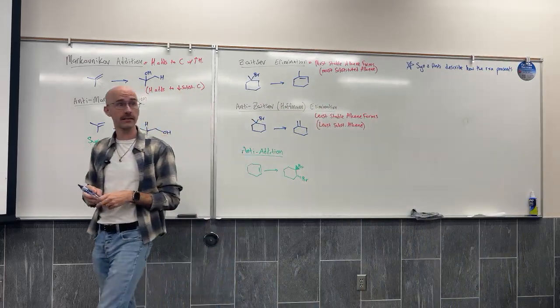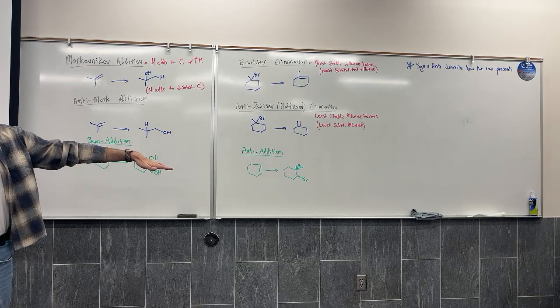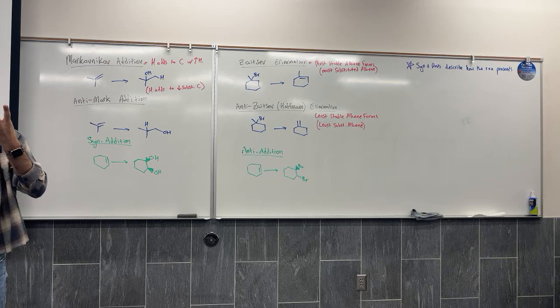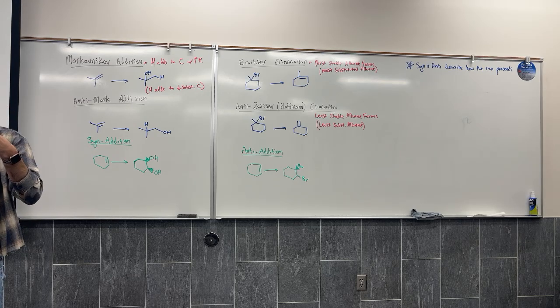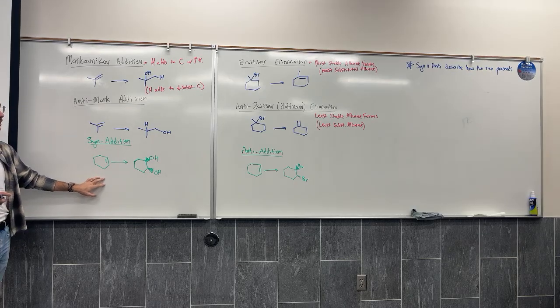Remember, cis and trans can only be applied to those rings, and really it can only be applied to di-substituted rings. If I have more than two groups, I can't use cis or trans anymore because I don't know what two I'm comparing. It only compares two groups.